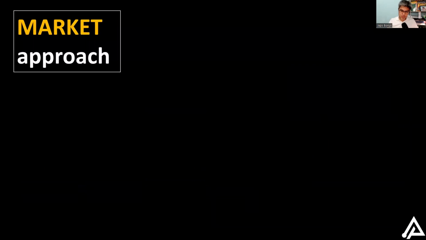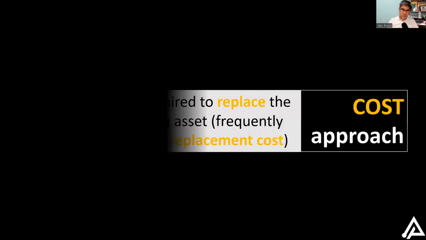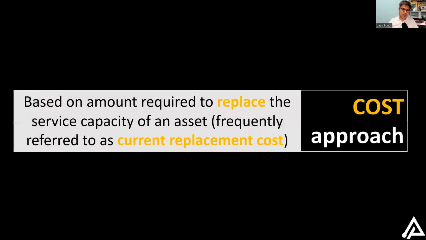There are three approaches that are allowed or observed under IFRS 13, especially for financial instruments. You have market approach. Ito yung you look at the market transactions involving identical or similar assets or liabilities. Cost approach deals more on the amount required to replace the asset with equivalent service capacity.